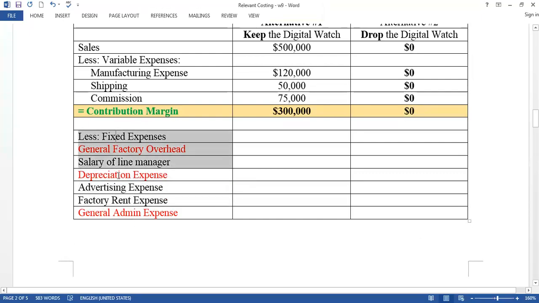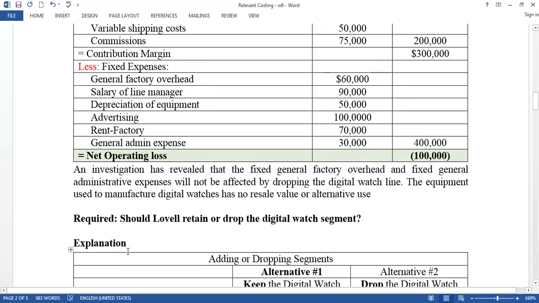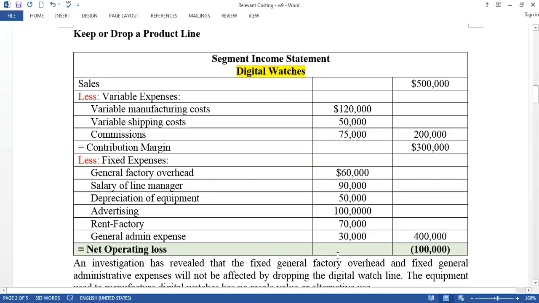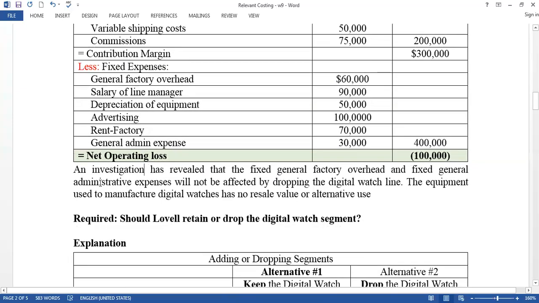And for fixed expenses, you have to read the question very carefully to find out the keywords for difference and do not have any difference. Look at the first part. This is additional information.